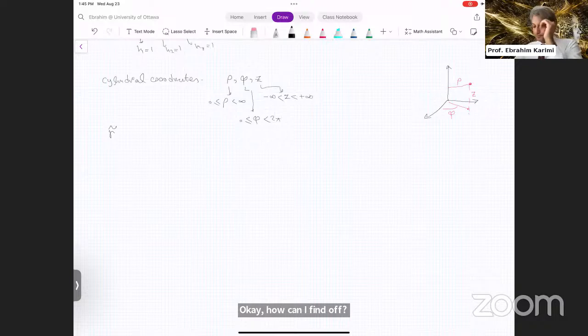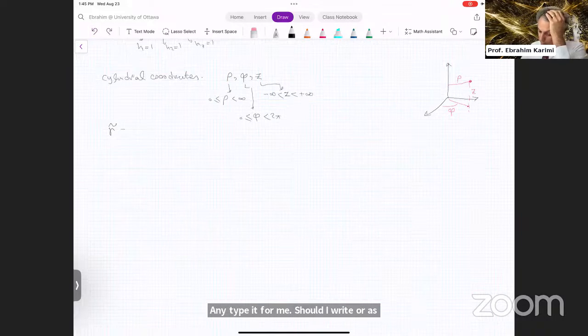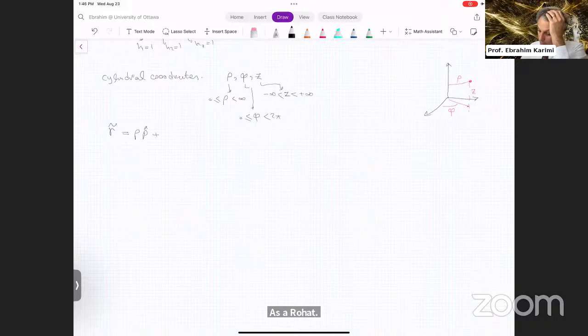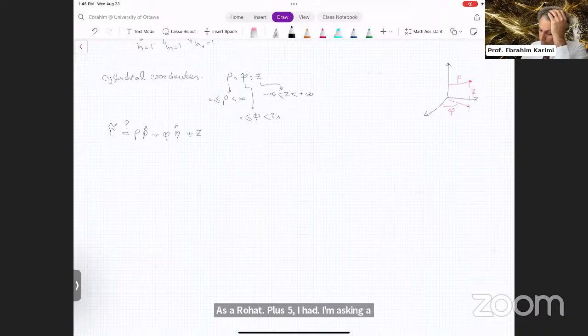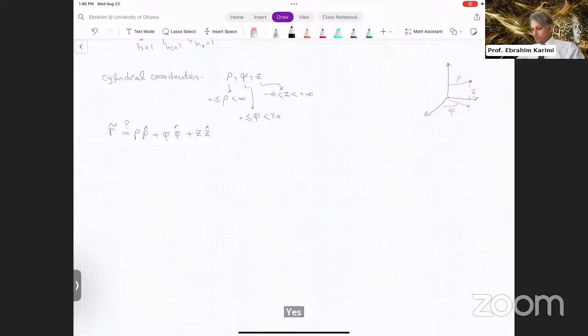Should I write r as rho rho hat plus phi phi hat plus z z hat? I'm asking a question. Can I write this? Yes, right? Some people say yes, some people say no.